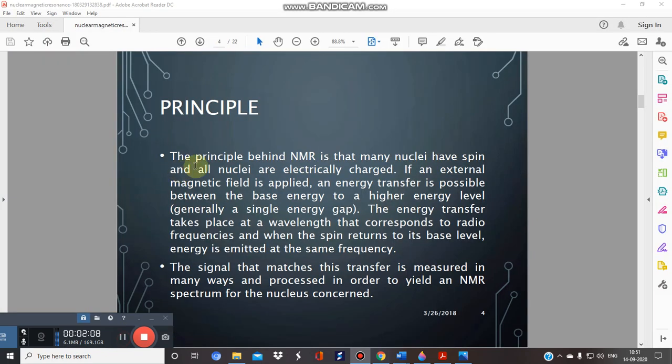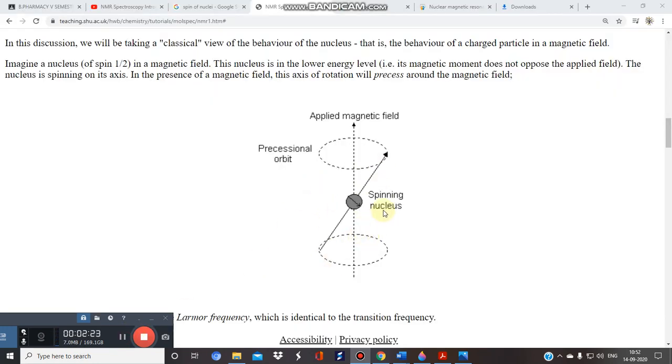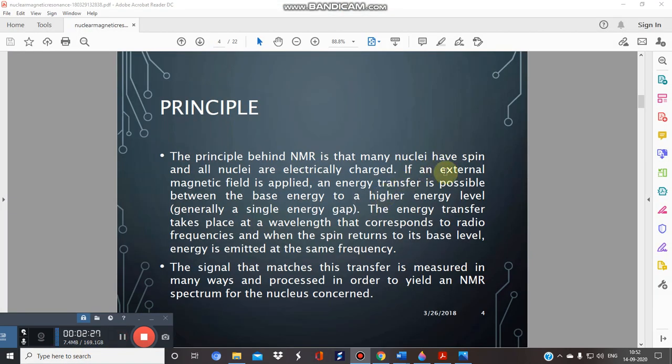The principle behind NMR is that nuclei have spin. We know that nuclei have spin and are electrically charged. Just see this, a spinning nucleus, and if an external magnetic field is applied, what happens? An energy transfer is possible.